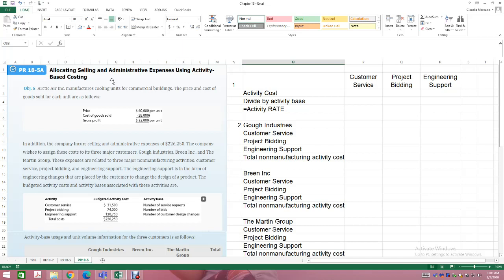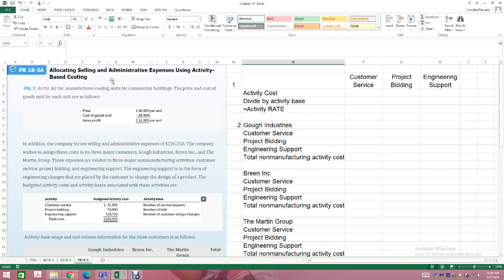Now, these expenses are related to three major non-manufacturing activities: customer service, project bidding, and engineering support. The engineering support is in the form of engineering changes that are placed by the customer to change the design of a product. Okay? The budgeted activity cost and activity basis associated with these activities are as follows.